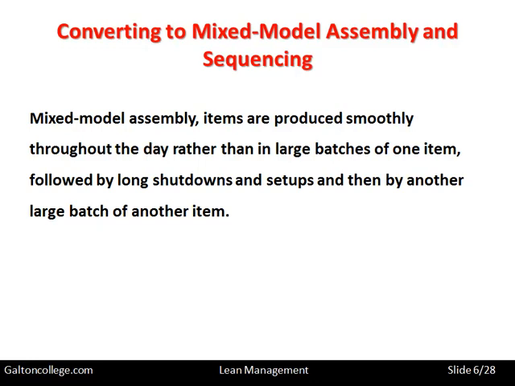That's efficient, as opposed to large batch production stored away in the hope or the expectation that at some future date somebody will place an order for it. That's wasteful.